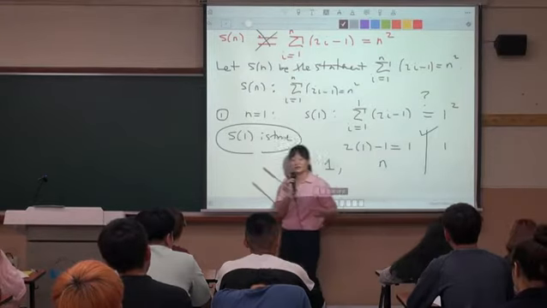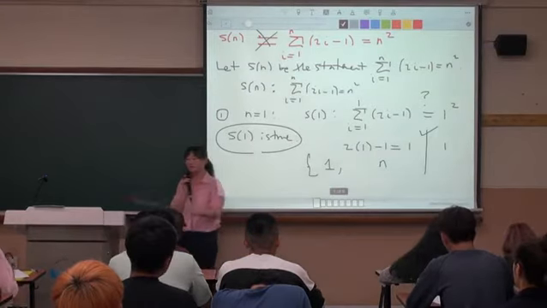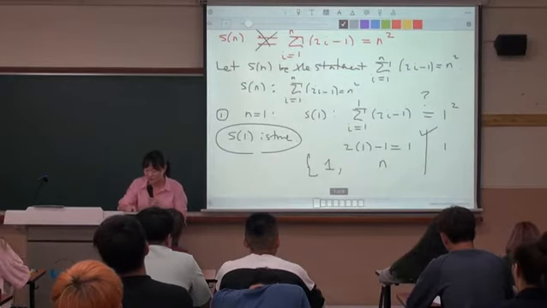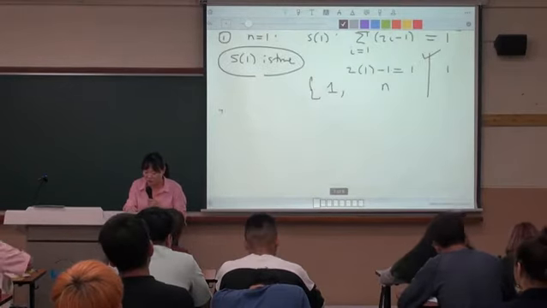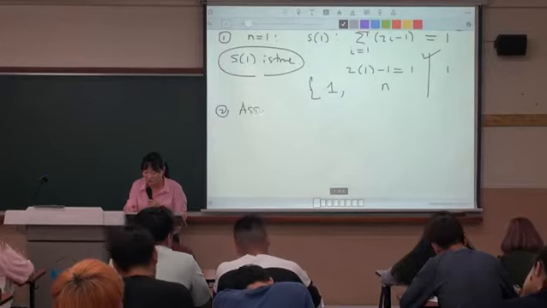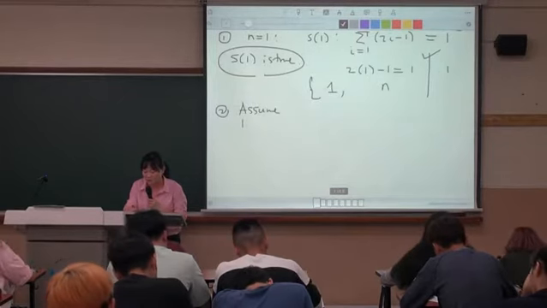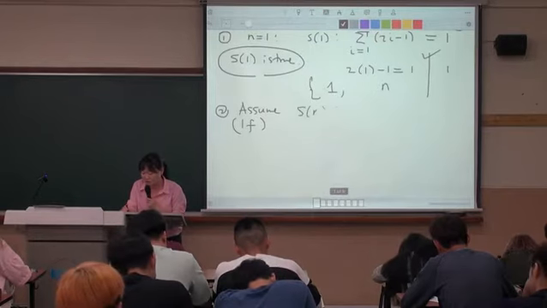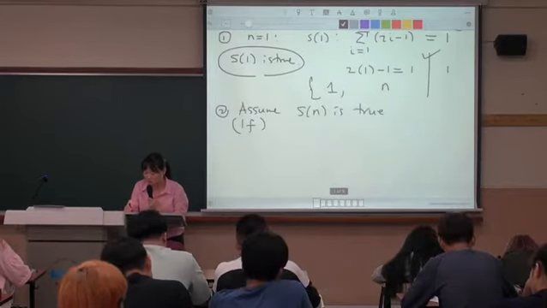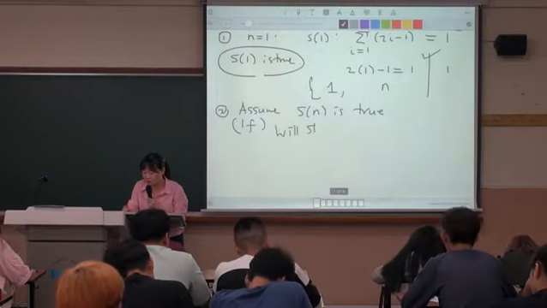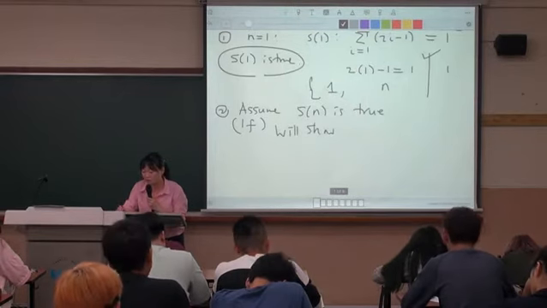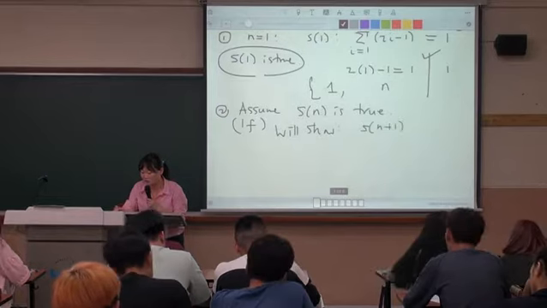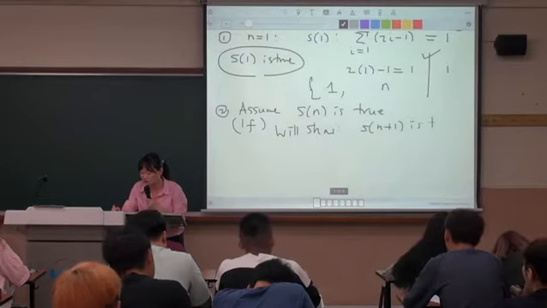Then we're done. Do you understand? Yeah. So number 2, this is our assumption. So this is the if condition. Assume Sn is true. So what do we have to show? S of n plus 1 is true, right?